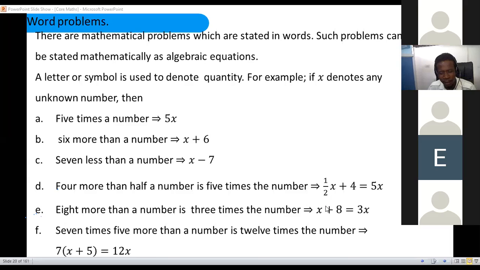So that is going to give us 1 over 2x plus 4 is equal to 5x. So if you have problem with the first statement, 4 more than half a number, let me quickly take you through this example.